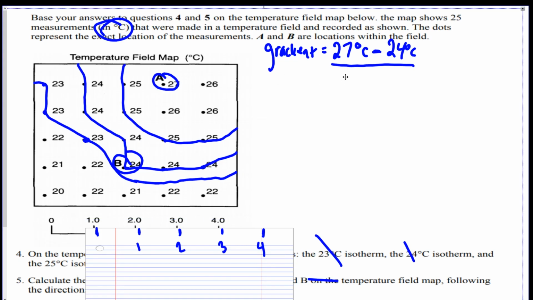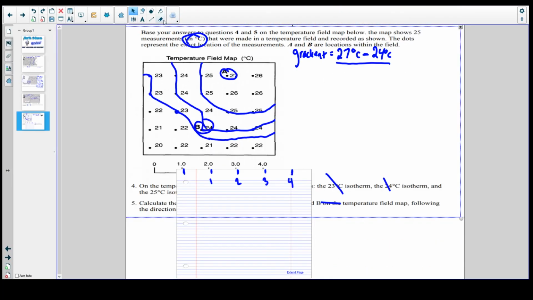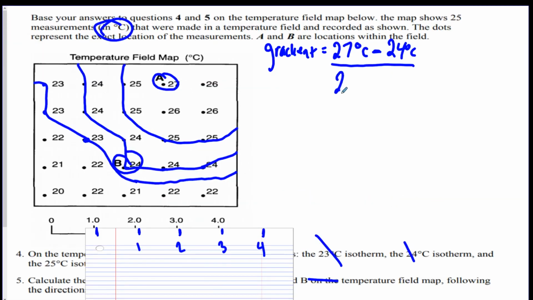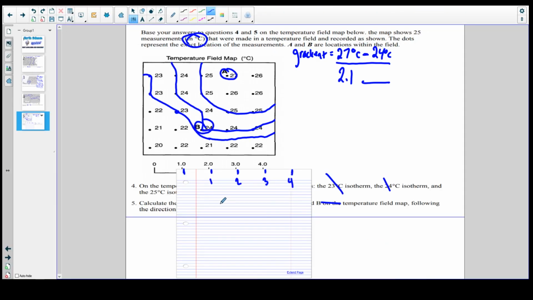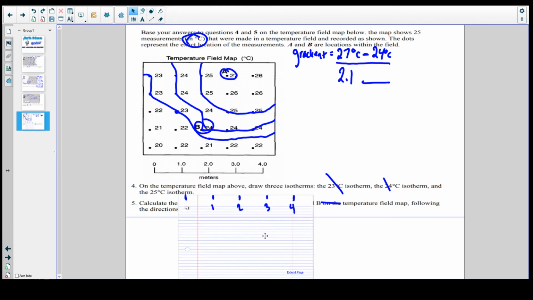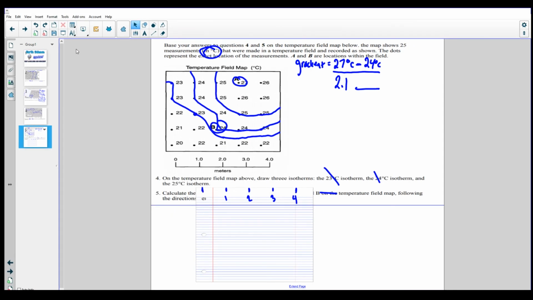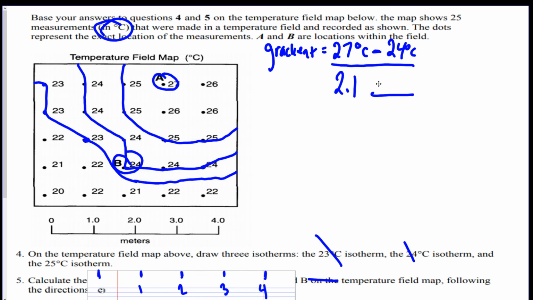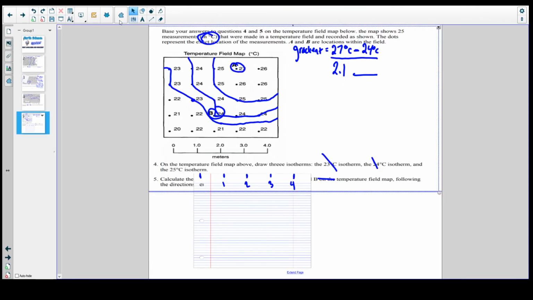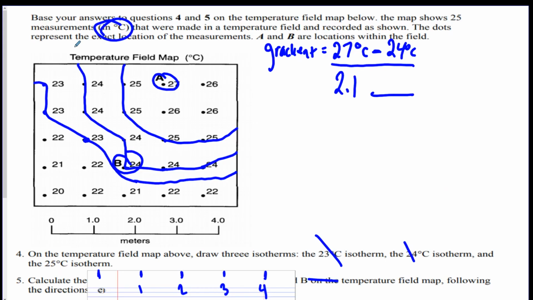Got to use my pen. 2.1. And what's the unit for that? Well, it's whatever is on the scale. In this case, of course, my paper is blocking it. Why wouldn't it be? Meters. There it is. Meters. 2.1 meters. Sweet. So now I'm done.